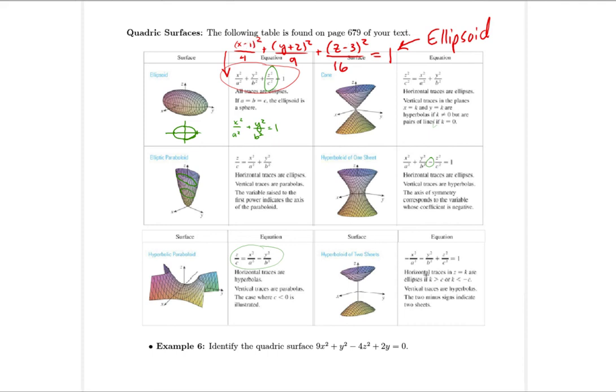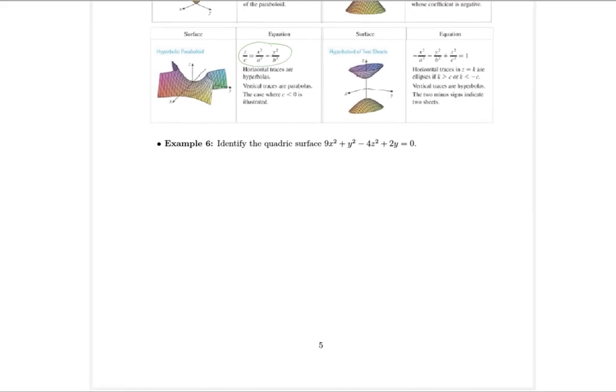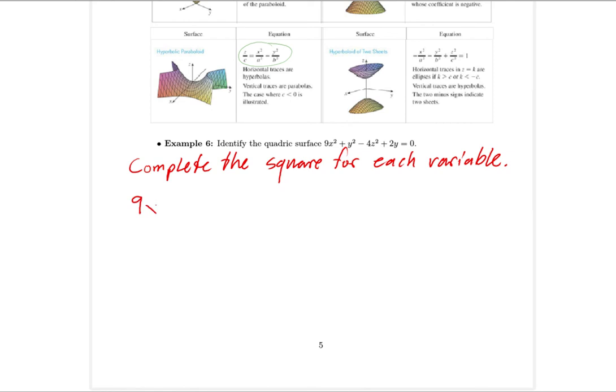All right, so down here, the idea is we can make this look something like this, or maybe one of these other surfaces, if we complete the square for each of the variables. So let's make a comment of that. We'll complete the square for each variable. All right, so 9x squared, there's no other x terms, so I don't feel like I need to do anything with that. So let's now gather up the y's.